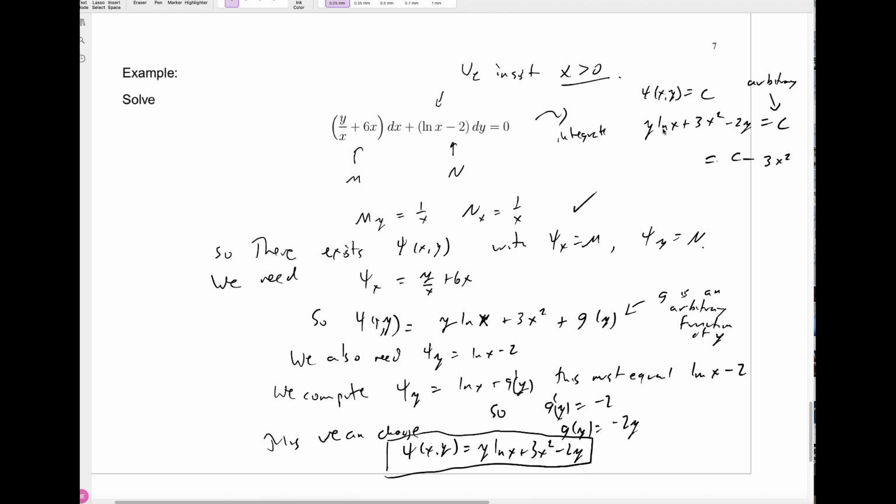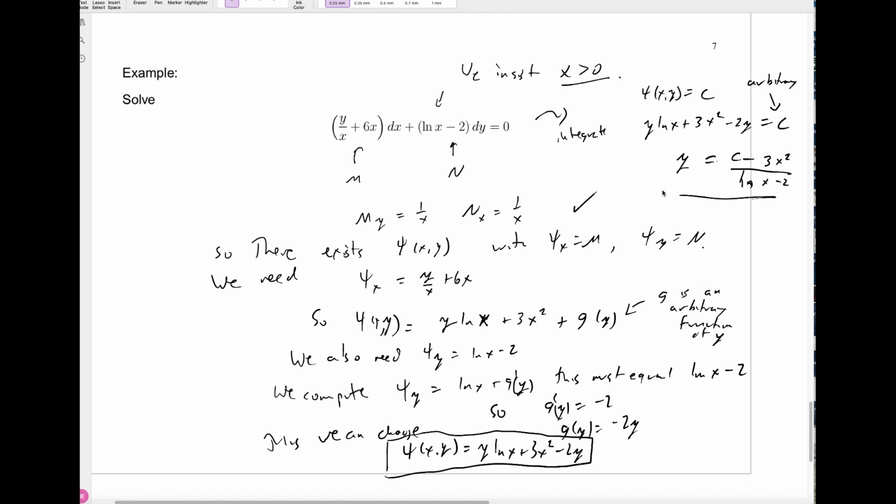And here I'd have y times the quantity log x minus 2. So I'll just divide by log x minus 2. And we get an explicit formula here for our solution. Again, check that this implicit solution is really a correct solution. You can verify that pretty easily, and that immediately tells us this is the correct explicit formula for our general solution.